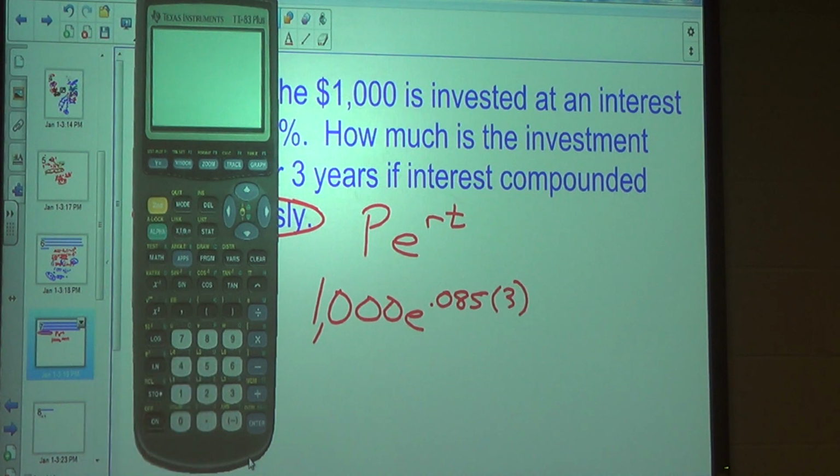So if I'm plugging in my calculator, where do I go, 1,000. Second division sign is the e, actually you can just go second ln, 1, and then 0.085 times 3.